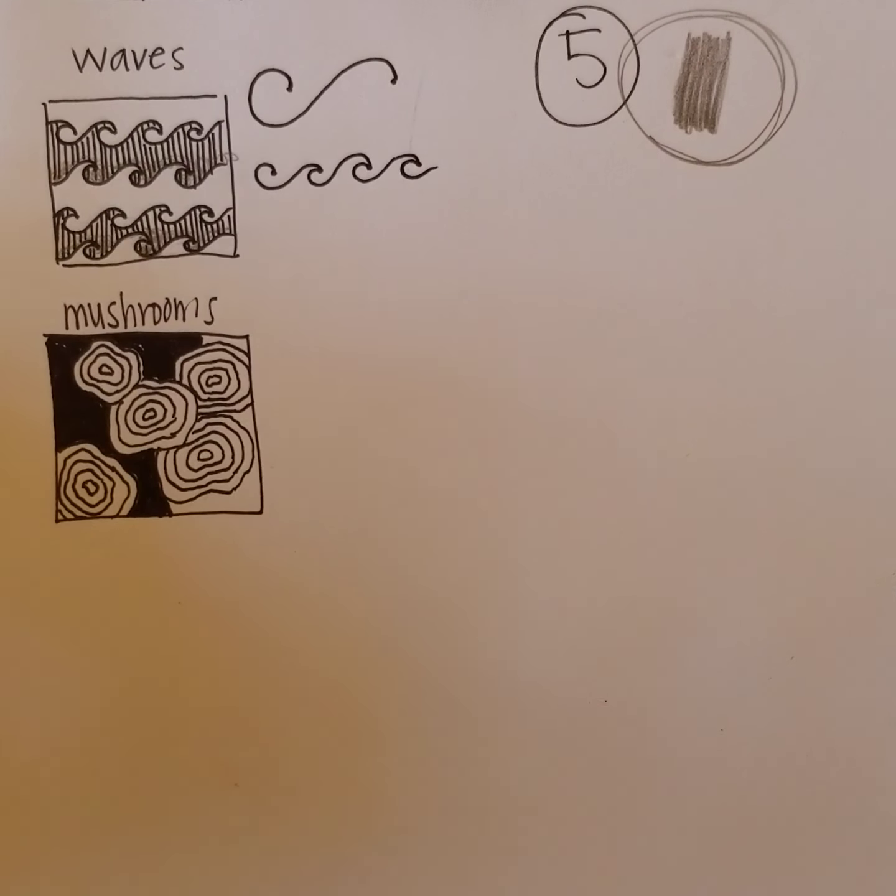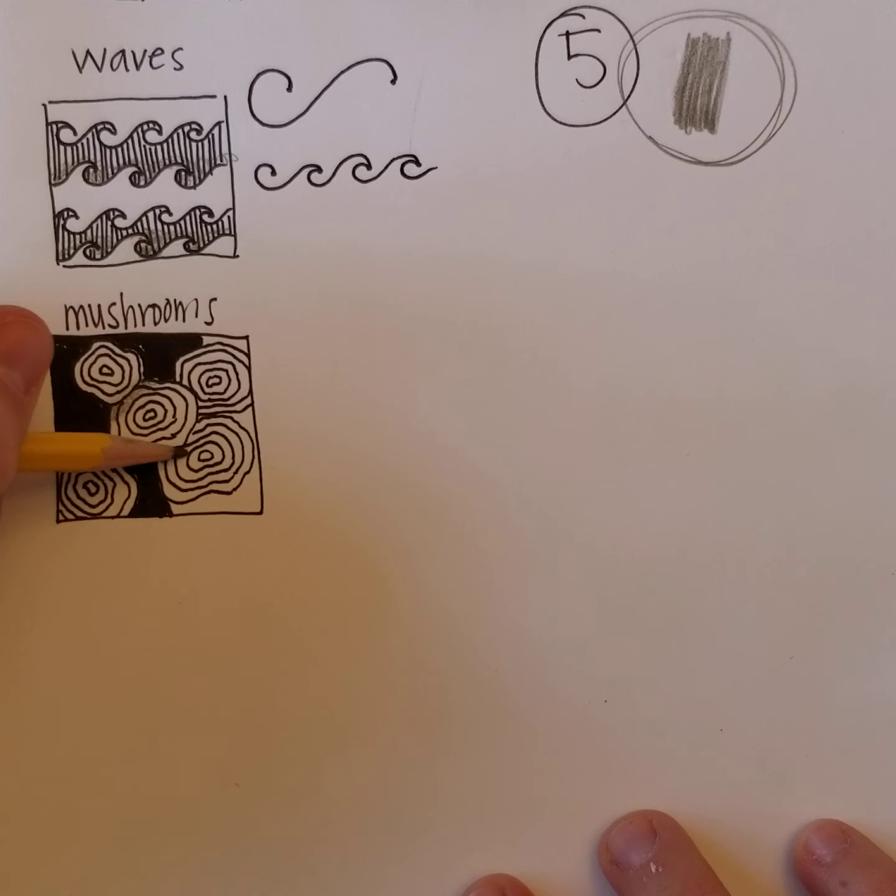And then as always, since we add advanced shading to all of our tangles, I'm just going to come in and highlight, well, I guess the opposite of highlight. I'm going to shade where they start to overlap each other to give it that depth.